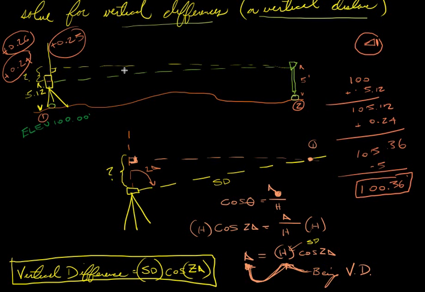But there is error in your machine, and you want to get it out. One reason trigonometric leveling isn't as good as differential leveling is that the cosine function has a real large slope at around 90 degrees.